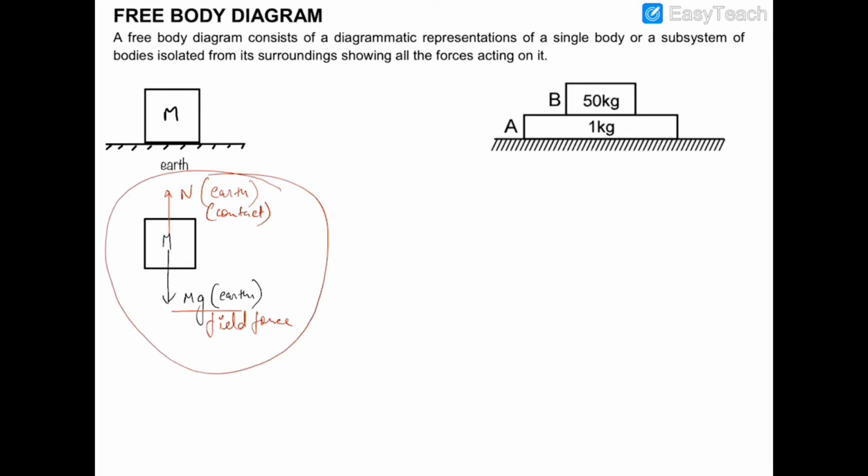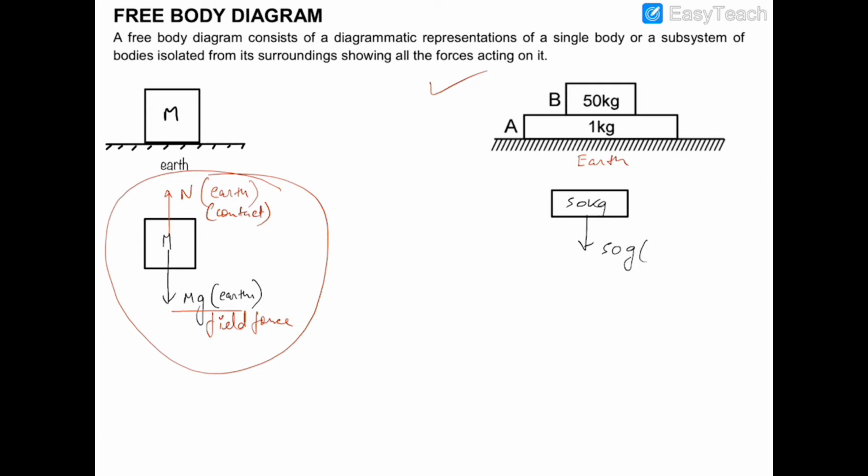If I draw the free body diagram in case 2, this one, I can see that if this is earth, then on that 50 kg block, a force of 50g, which is 500 Newton, assuming I'm taking acceleration due to gravity to be 10, or for simplification I can write 50g. g is acceleration due to gravity.